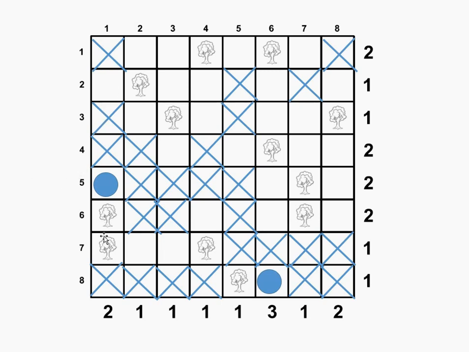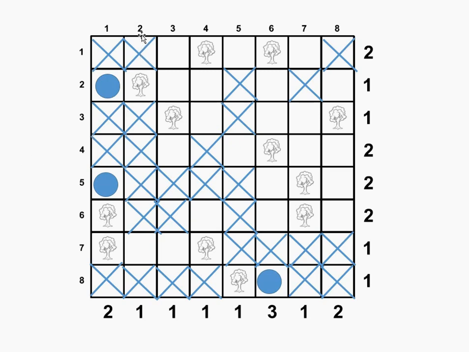Further, the condition for column number 1 is to have 2 tents. Here is the tent, and here is the only possible solution to have another tent in this column. And here is a tent to make the condition for column number 1. This cell and this cell are empty, here and here.